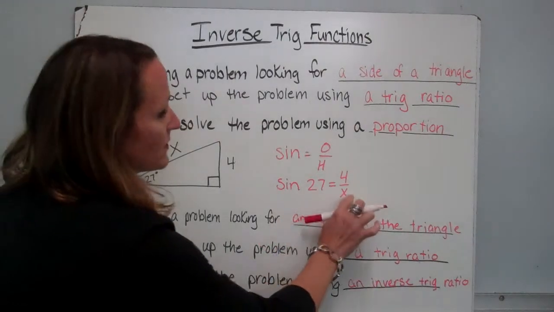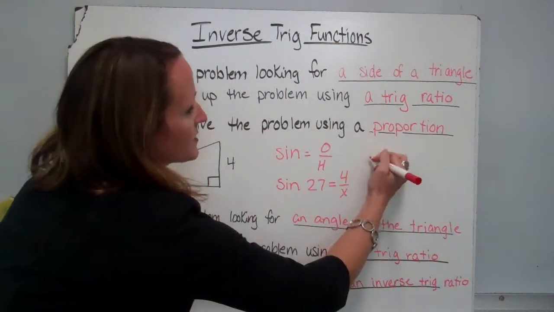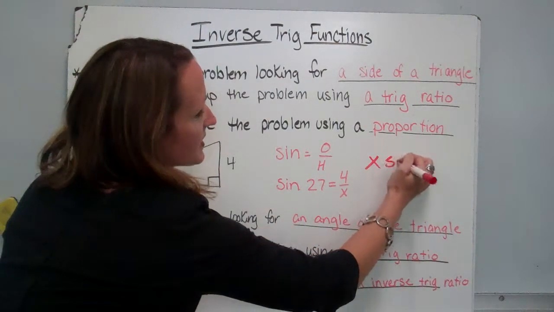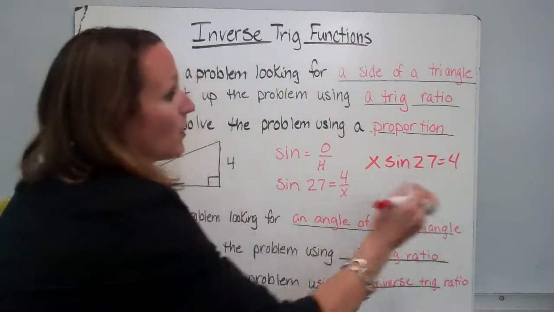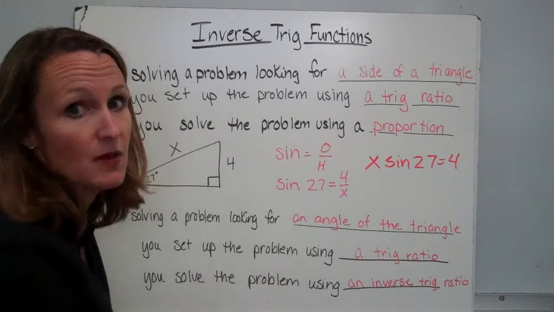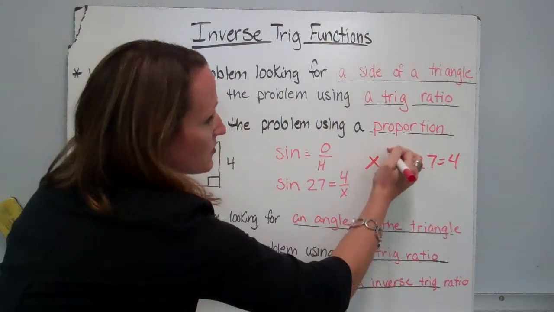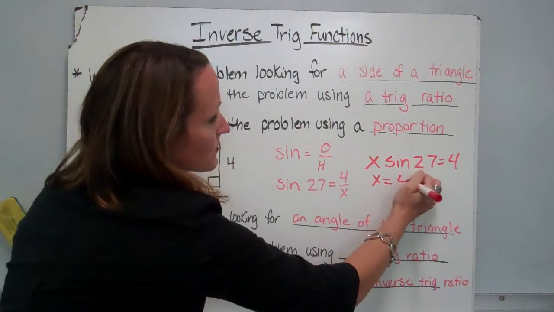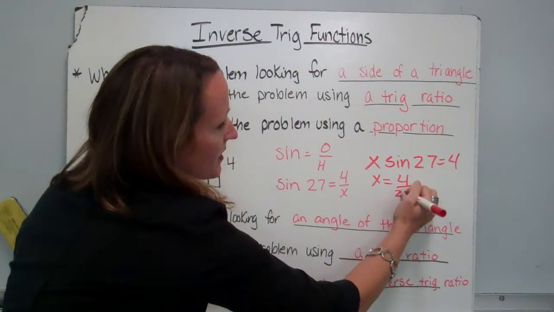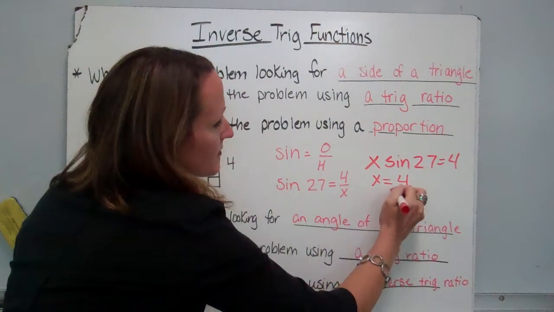If we're trying to solve this, we can multiply by x and we get x times the sine of 27 equals 4. We're still trying to get x alone, so we have to divide both sides by the sine of 27. So we're going to get x equals 4 divided by the sine of 27.